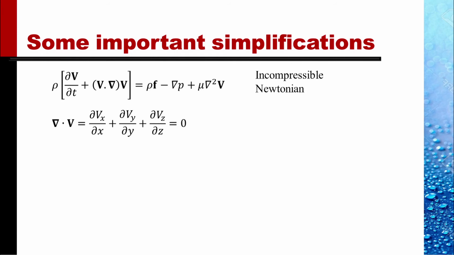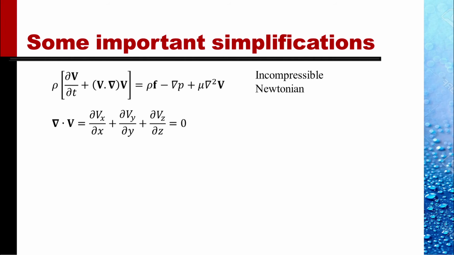But before that, we state some important simplifications that help us solve these equations. This system of 4 equations, the vector equation for momentum plus the continuity equation, is a formidable system. Second order nonlinear equations, all coupled.